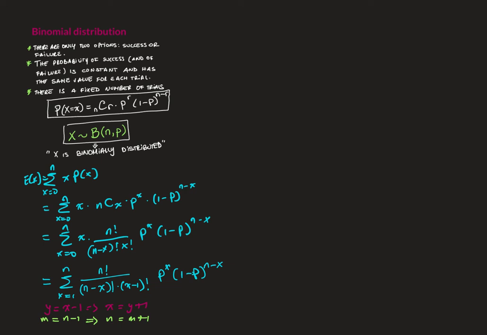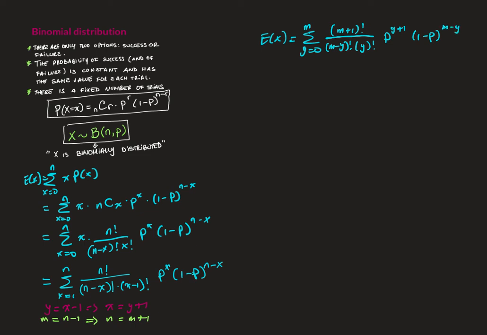With that change of variables, our sum becomes the sum from y equals 0 to m of n factorial changes to m plus 1 factorial over n minus x factorial changes to m minus y factorial, x minus 1 changes to y factorial, and p to the power x changes to p to the power y plus 1, and 1 minus p stays 1 minus p to the power of m minus y.